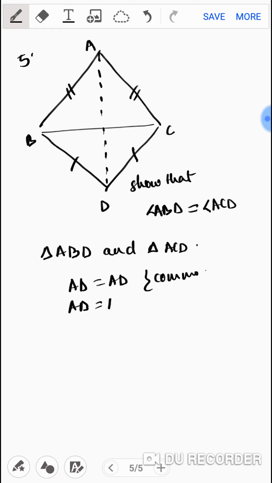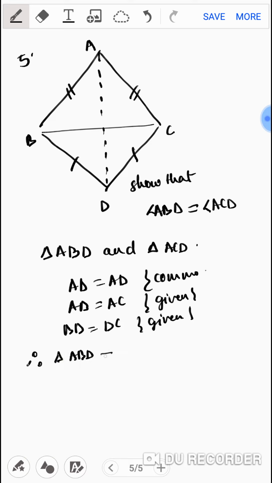AB is equal to AC, given. BD is equal to DC, given. So once you have three reasons, you can write therefore triangle ABD is congruent to triangle ACD by SSS test.